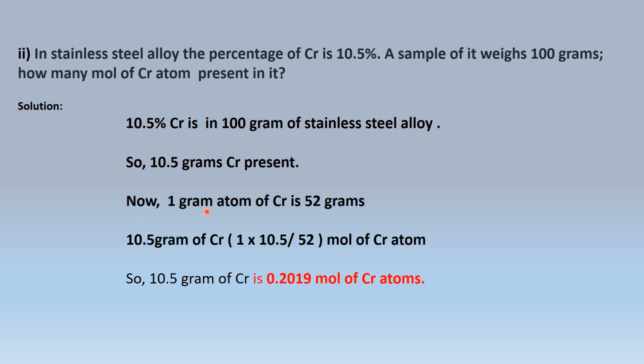Now 1 gram atom of chromium is 52. So 10.5 divided by 52 gives the moles of chromium. So 10.5 gram of chromium is 0.2019 mole of chromium atoms.